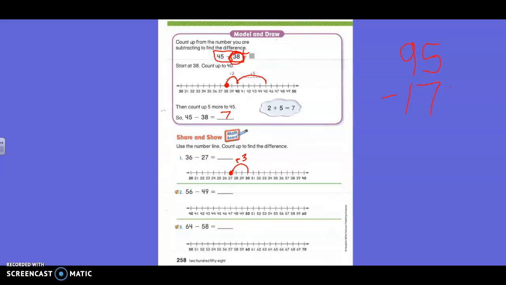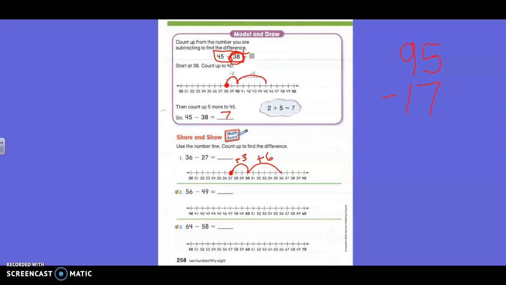You jumped 3. Now let's jump to 36. If you're at 30 and you want to get to 36, how many are you going to jump? 6. So 30 to 36 is plus 6.